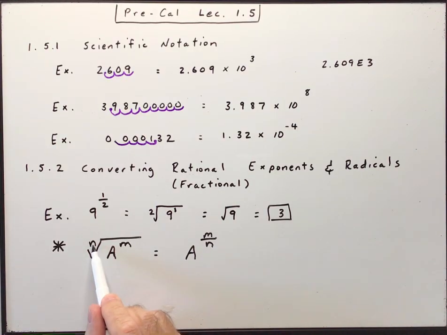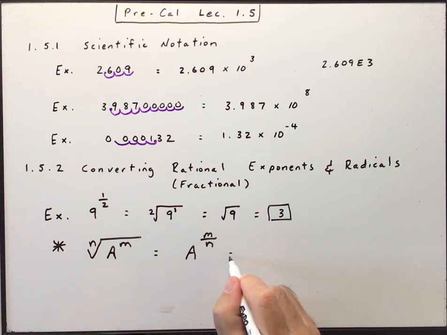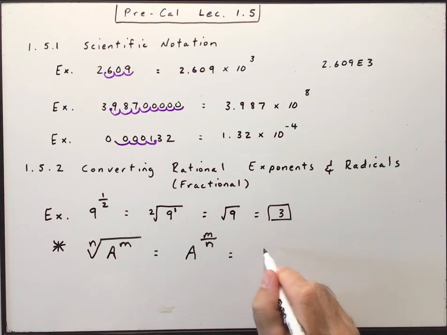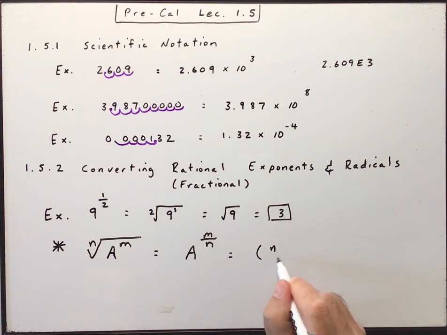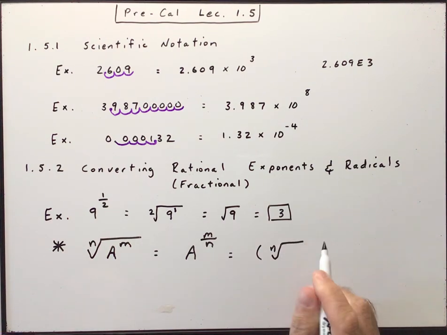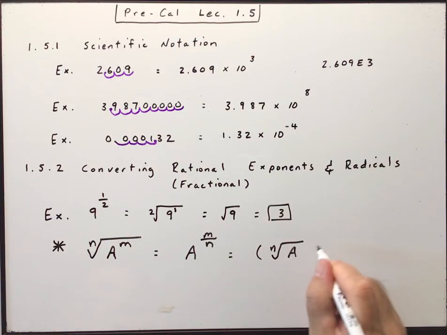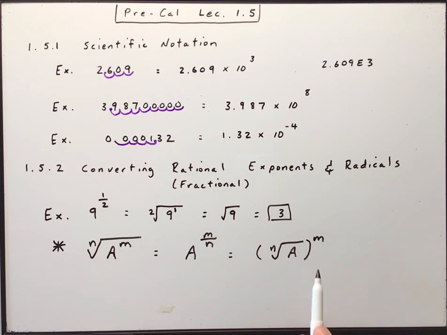Okay, remember, this is the denominator, this is the numerator of the fraction. And another completely correct way to write that, if you wanted to, would be the nth root of a, all raised, if you want to put all that in parentheses, to the m power. All of these are the same thing. They're all equivalent.